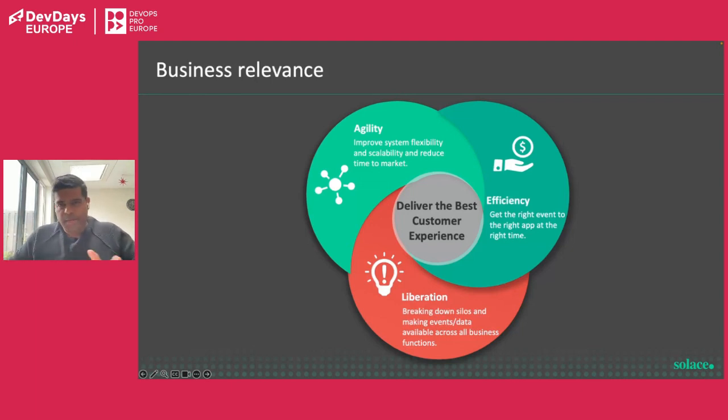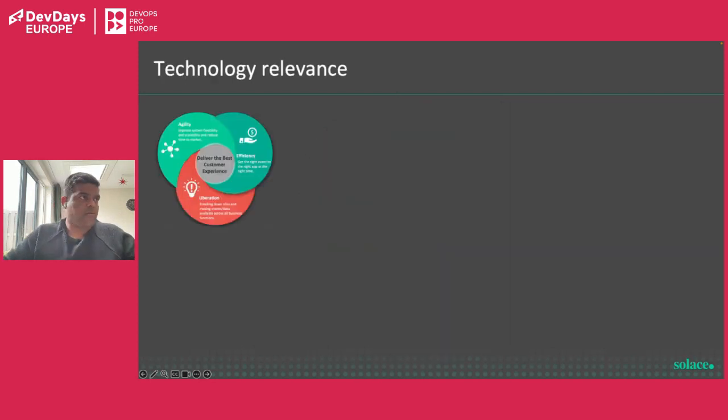Now, coming back to the technology relevance part of it, I want to keep that small business section on the top left side, so that I can relate back if it's needed. The first one, public cloud. It's allowing businesses to not be held back by their current infrastructure.